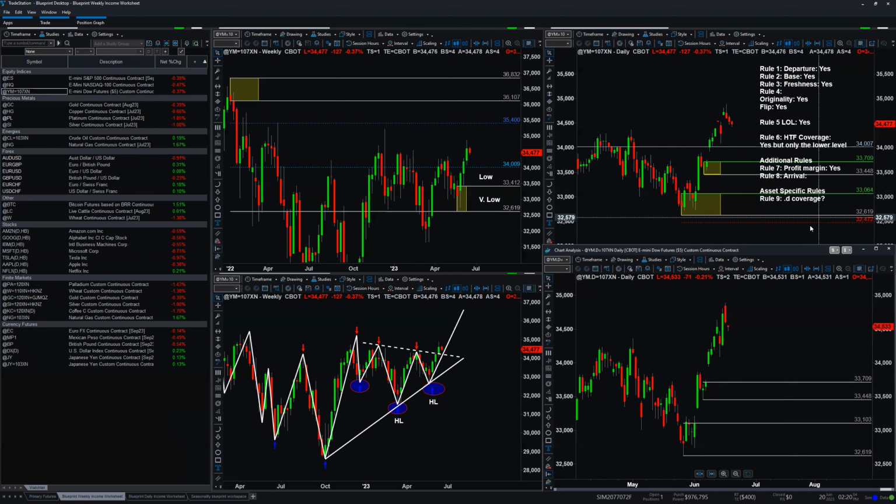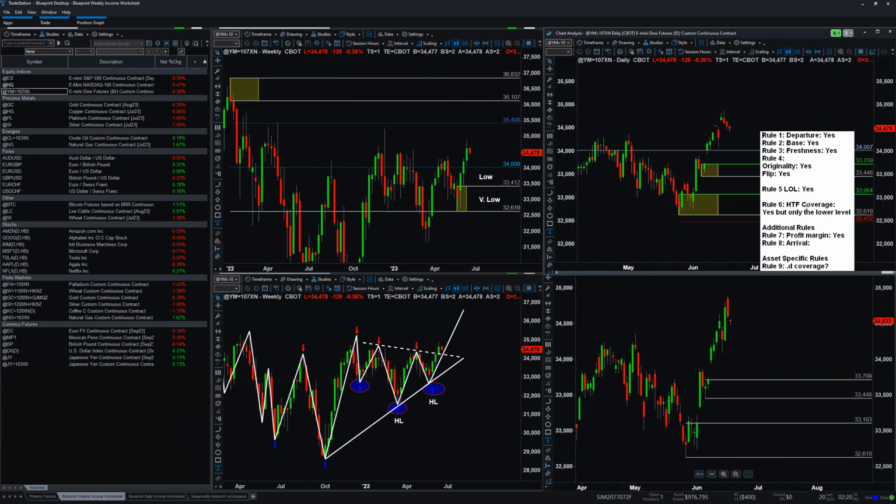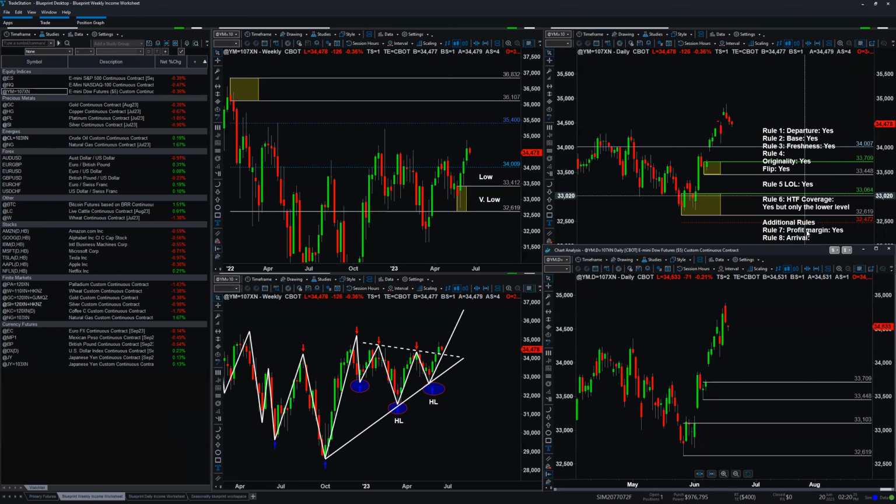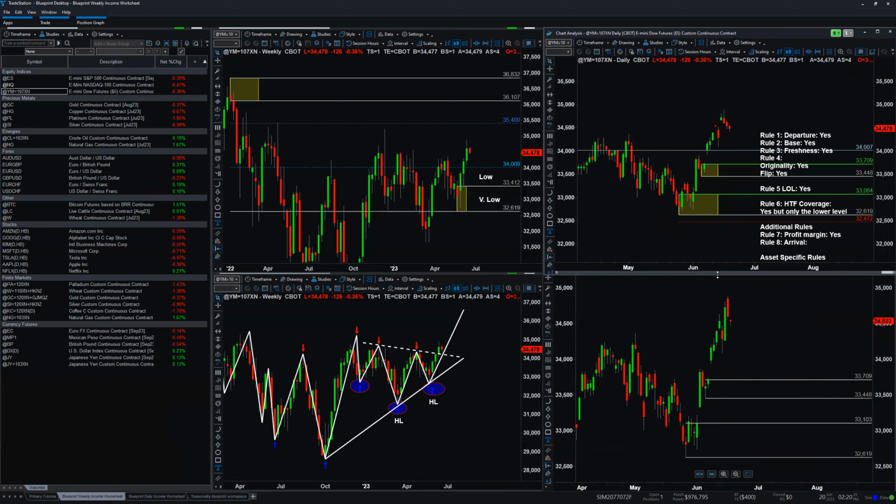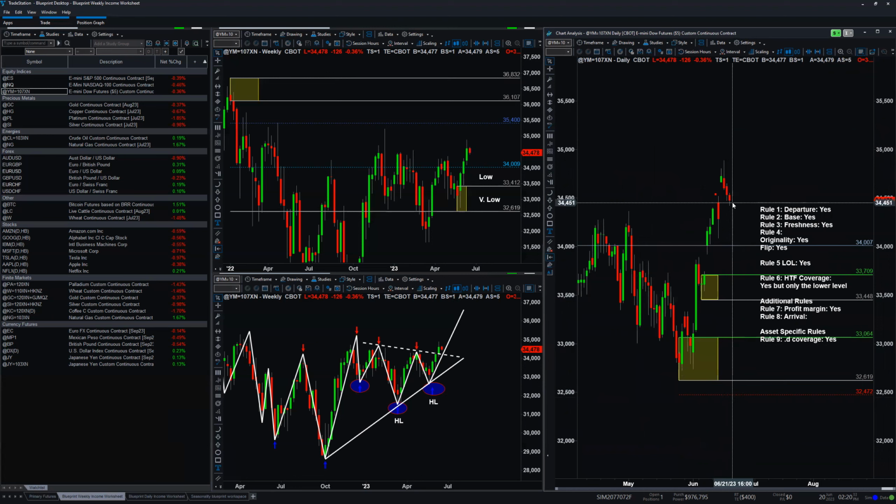So both levels are .D covered, which in this case is brilliant. And so we looked at the .D as an additional rule, and we can say, yes, they are. Both levels are .D covered. Brilliant.